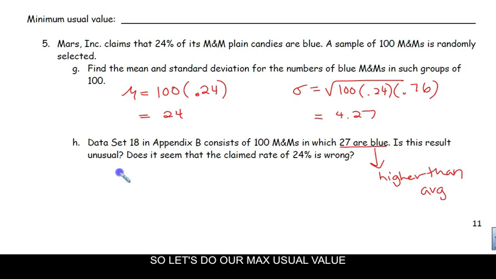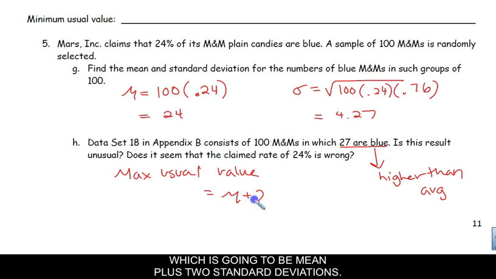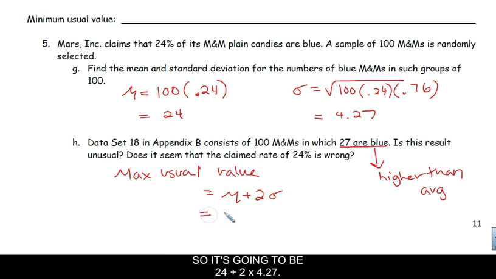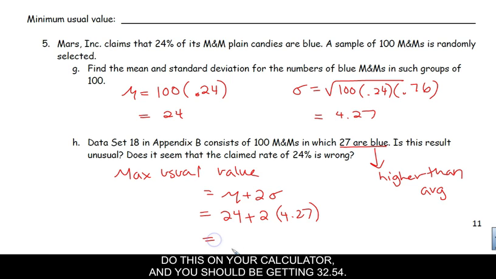So let's do our max usual value, which is going to be mean plus 2 standard deviations. So it's going to be 24 plus 2 times 4.27. Do this on your calculator, and you should be getting 32.54.